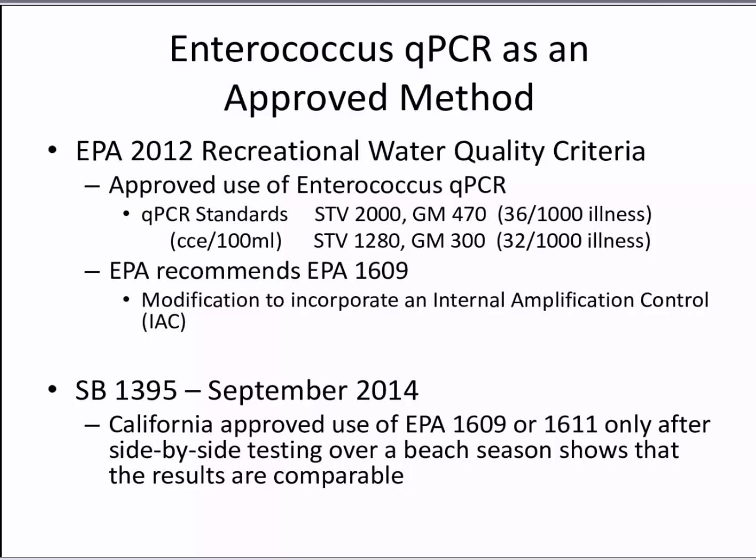Basically California approved the use of EPA 1609 or EPA 1611, but only after side-by-side testing over a beach season shows that the results are comparable. And actually, I recently heard that the state lab is planning to do a collaborative study with San Diego County, a year-long study actually doing culture compared to the qPCR validation.